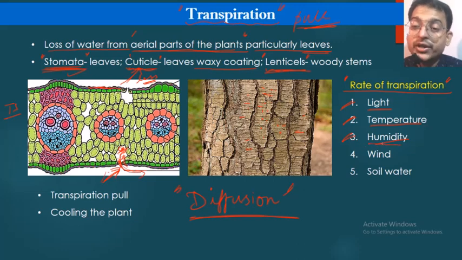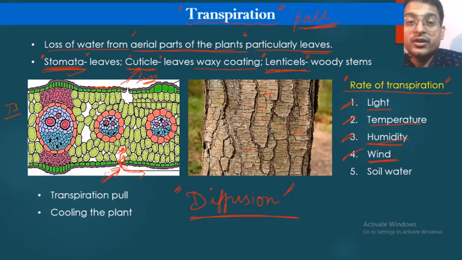But if outside humidity is more, can water vapor go from inside the leaf to outside? It will not happen, or will happen at a very slow rate. What happens when there are high winds? If the wind speed increases, then transpiration will also increase.